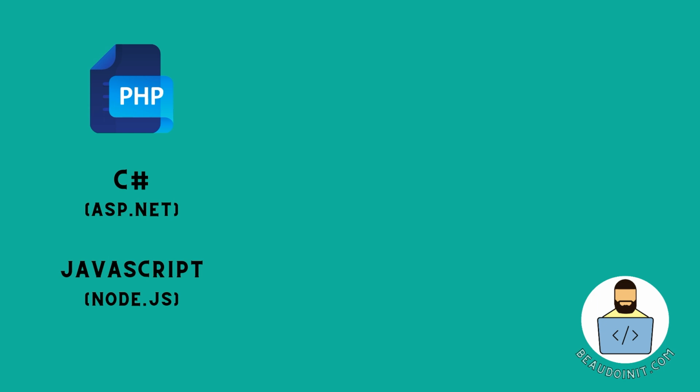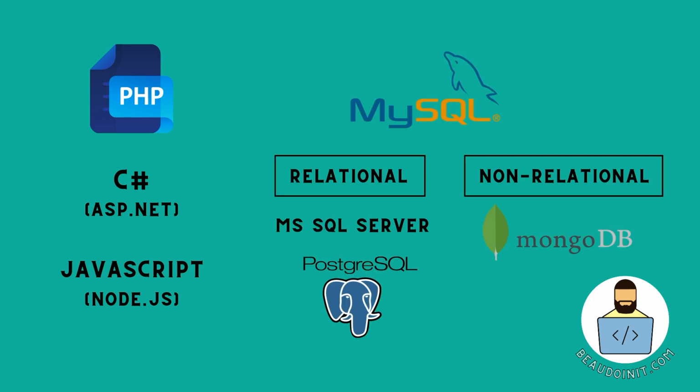It's also possible to use JavaScript itself on the server side with the help of the Node.js framework. In the same way, MySQL is not the only database query language. Some of the alternatives are PostgreSQL and SQL Server, which are both relational database languages based on SQL, meaning the language will be very similar from one to the other except for specific features. There's also the world of NoSQL or non-relational databases with languages such as MongoDB.